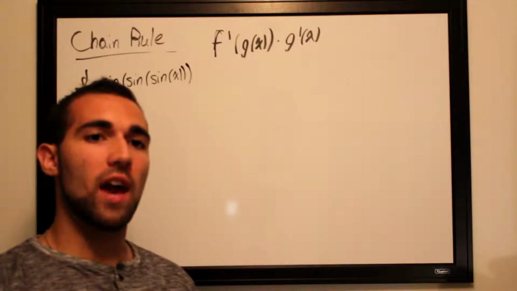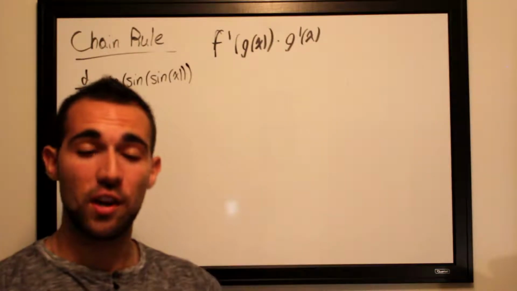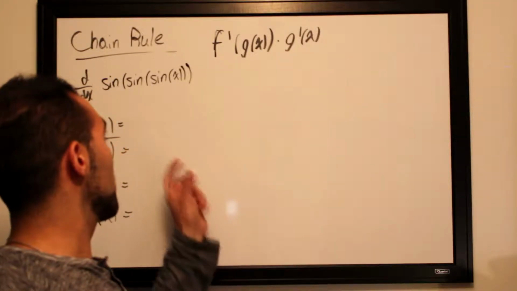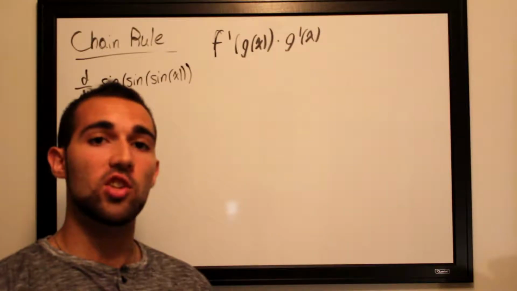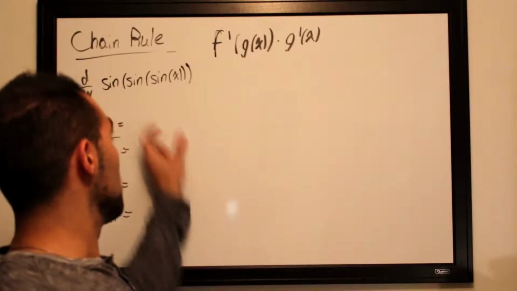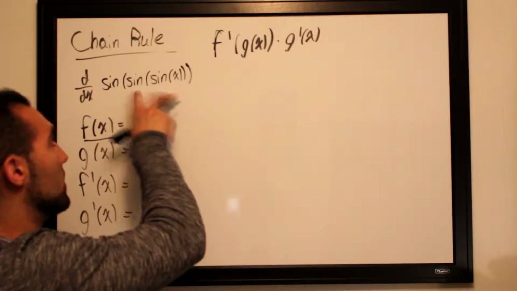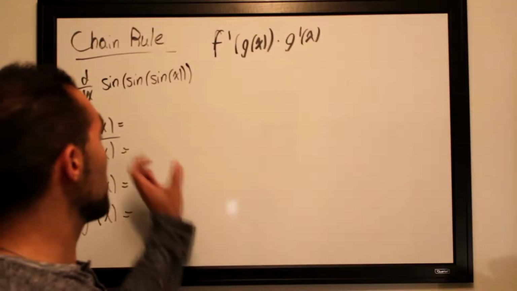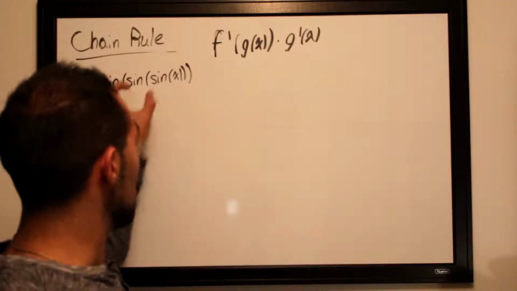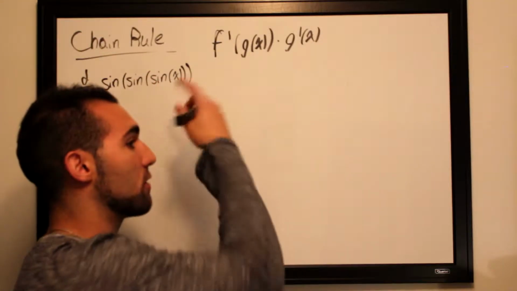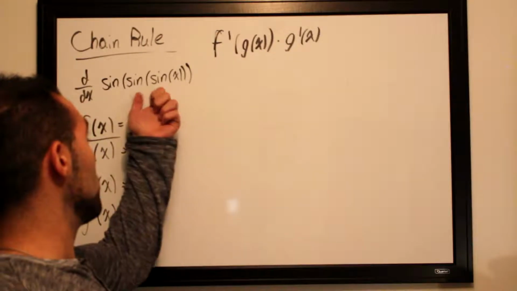Essentially, what we have here is a function trapped within a function within a function. Because we have 3 functions, we will be using the chain rule twice. Because we have sine of x trapped within sine of x, before we can evaluate the derivative of the outer sine, we need to evaluate the derivative of the inner sine of x first. So what we will do is just that.